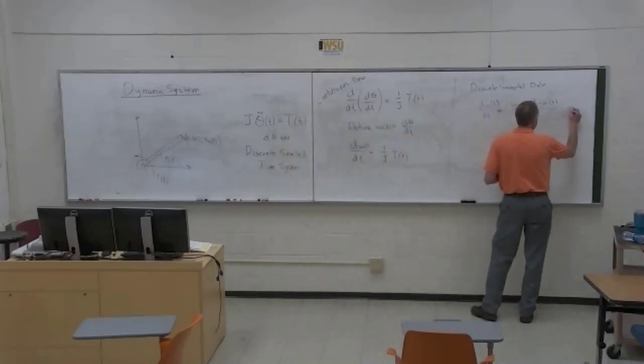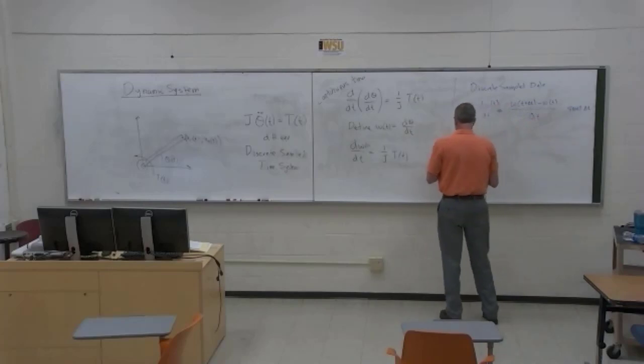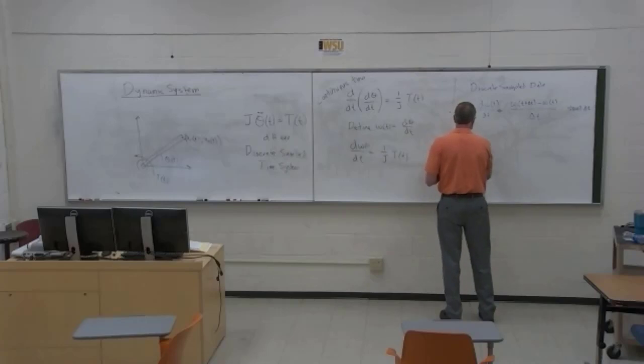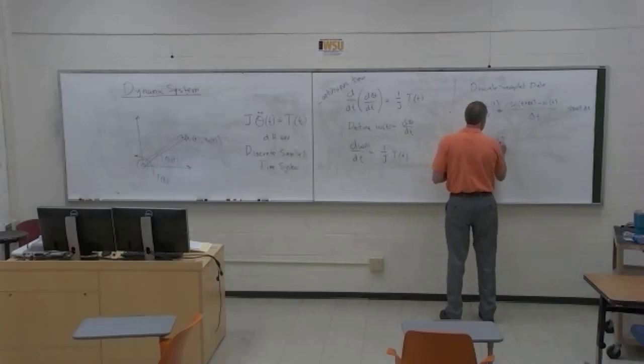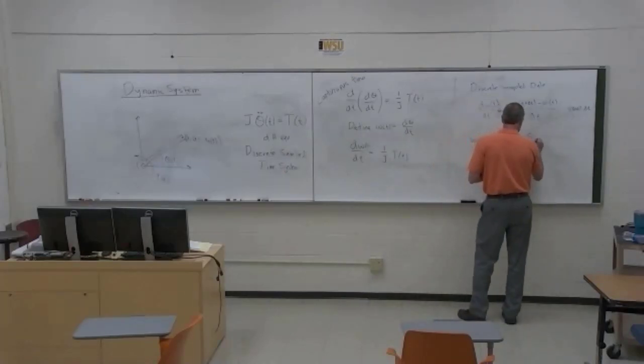We have to use small delta t's. And then omega is d theta, and so we approximate that as a derivative.